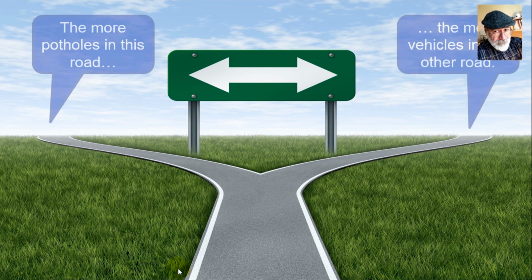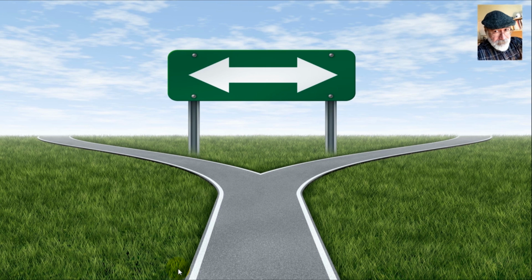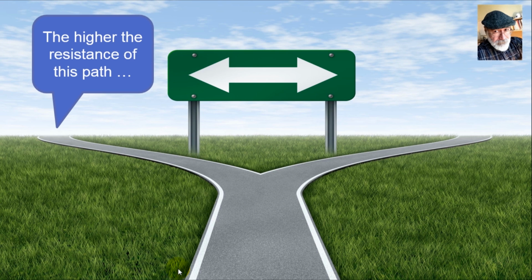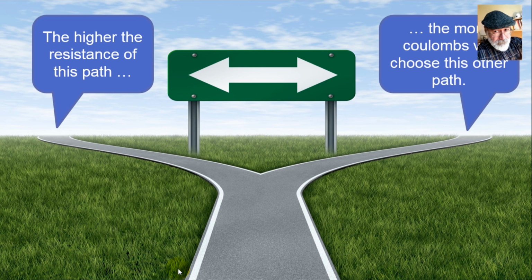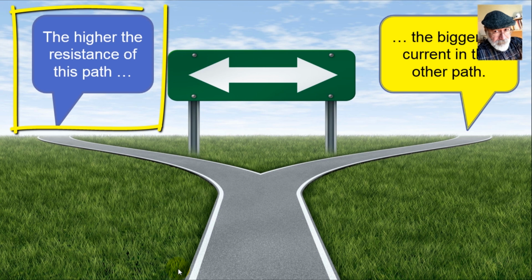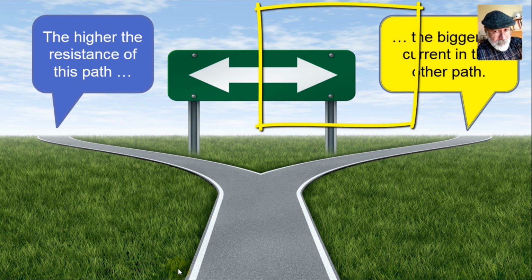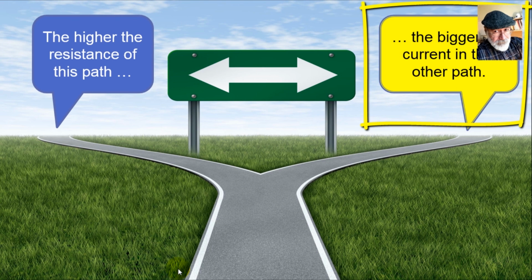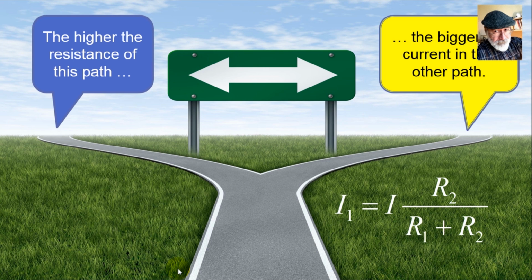In electrical terms, if those are wires, the higher the resistance of that path, the more coulombs of charge will be choosing this other path. Or, what is the same, the higher the resistance of the path on the left, the bigger the current in the path on the right. In formulas, the one we got. The bigger the resistance R2, the bigger the current I1.